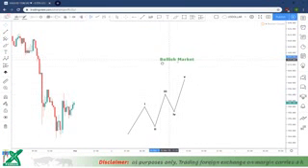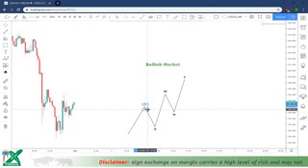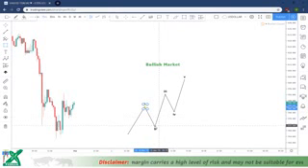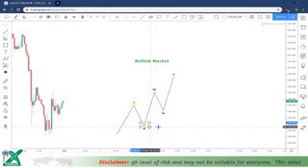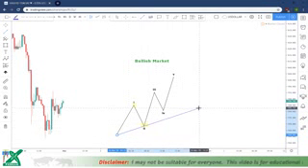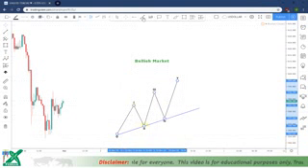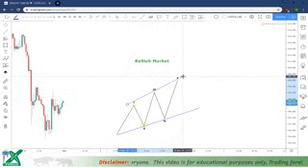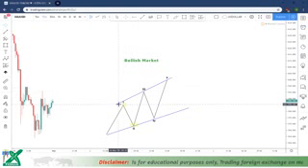This is a higher high and this is a higher low. If we combine it using a trend line, we get a trend line like this, which gives us an idea that the market is trending up. So this is scenario one.